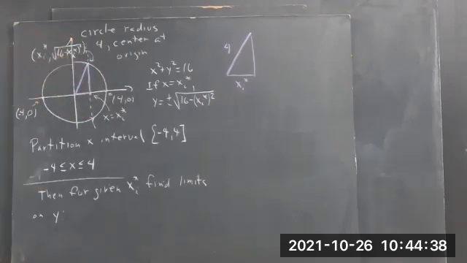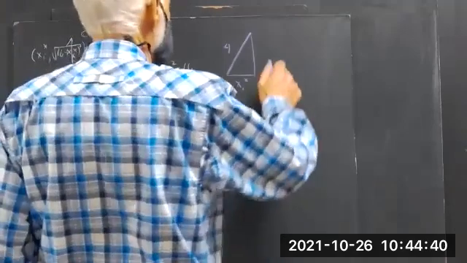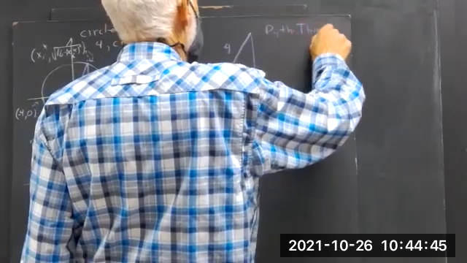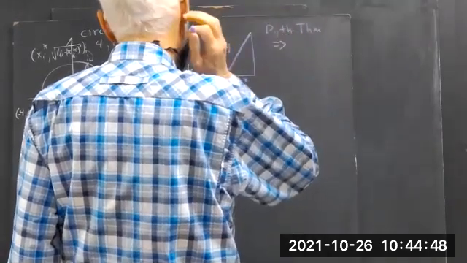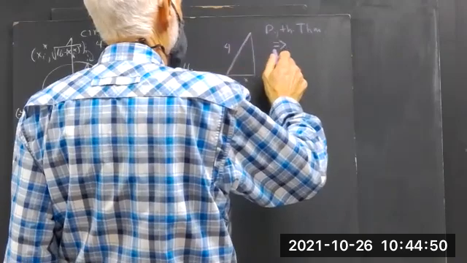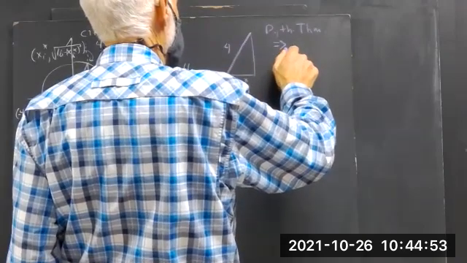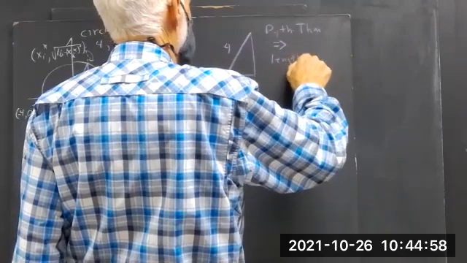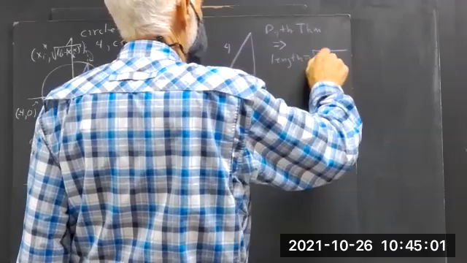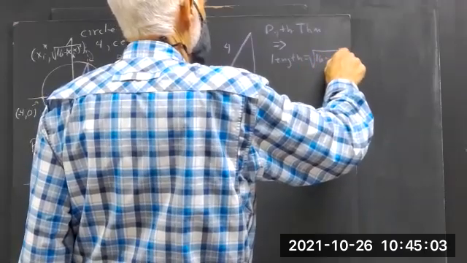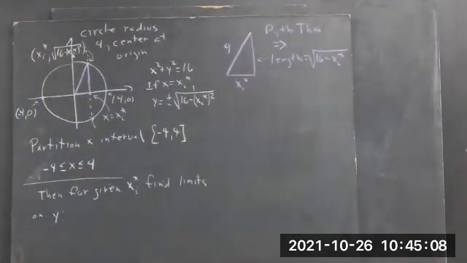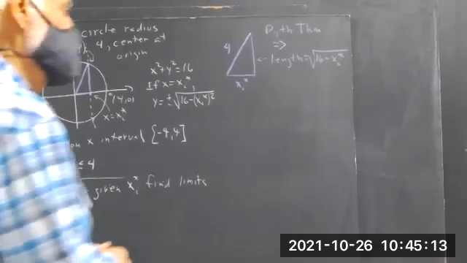The Pythagorean theorem implies that the length is square root of 16 minus xi star squared.